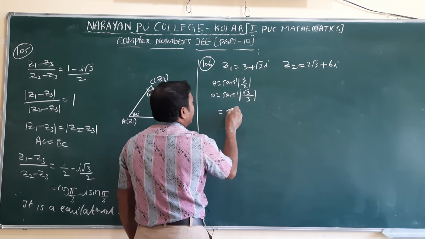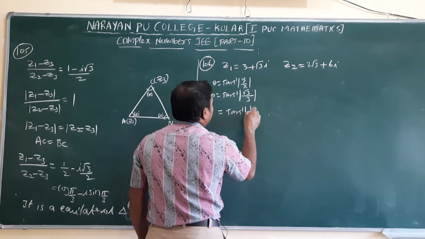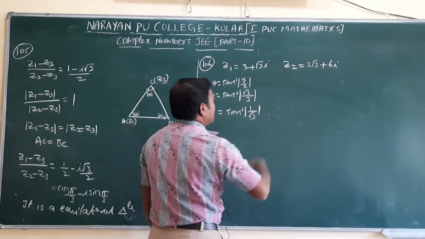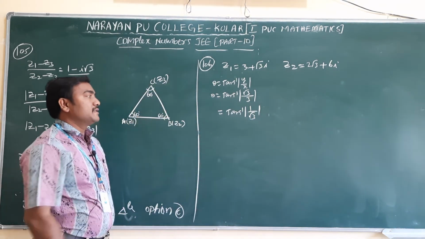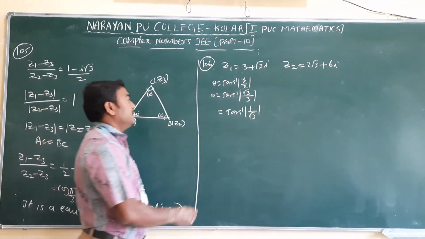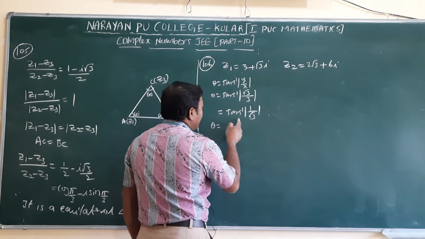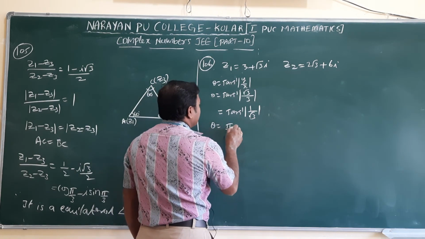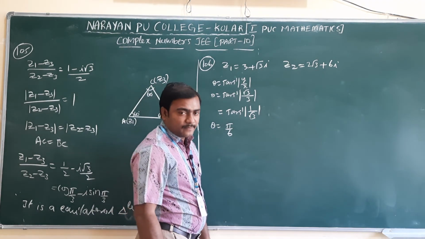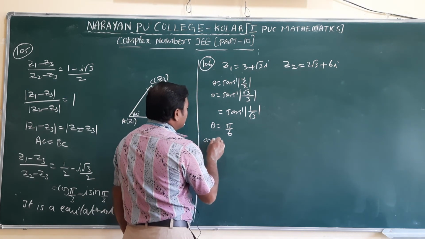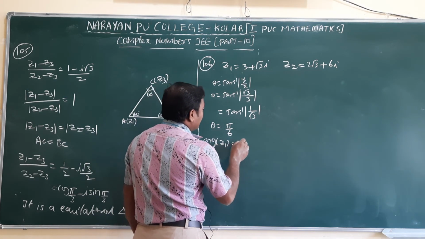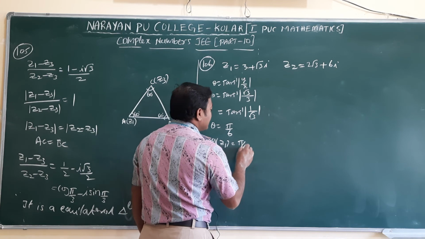Now it can be written as tan inverse of 1 by root 3, because root 3 by root 3 gets cancelled, remaining tan inverse of 1 by root 3. So theta value we are getting is pi by 6. The argument of Z1, both in the first quadrant, is pi by 6.